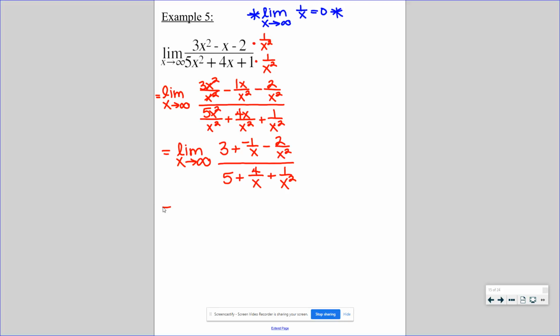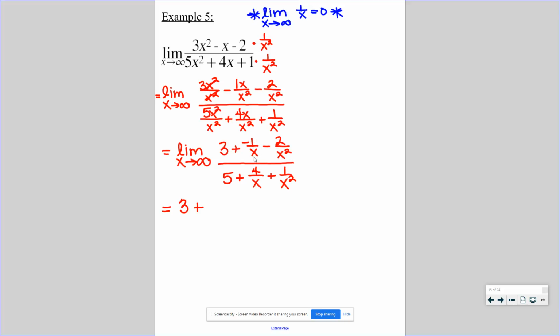So now I'm going to actually take the limit. What is the limit as x approaches infinity for the number 3? Well, this is a constant value, right? So constant values are unchanged. That means the limit, no matter where I'm going, will still be 3. What about the limit as I'm approaching infinity for negative 1 over x?